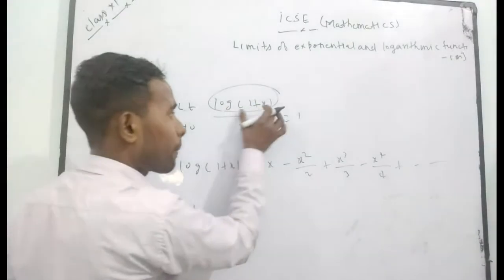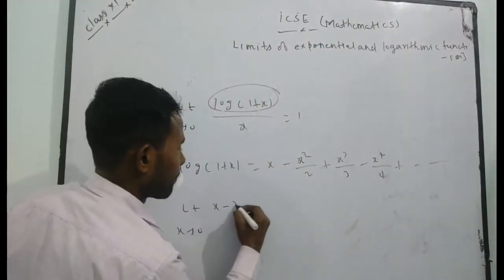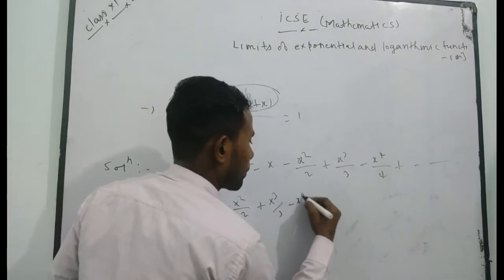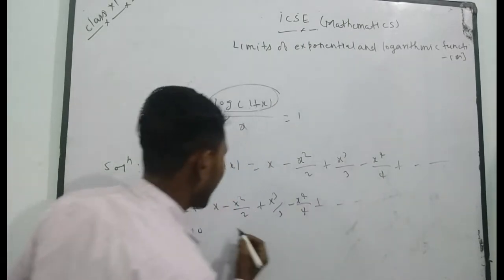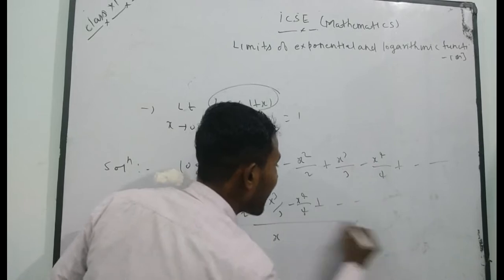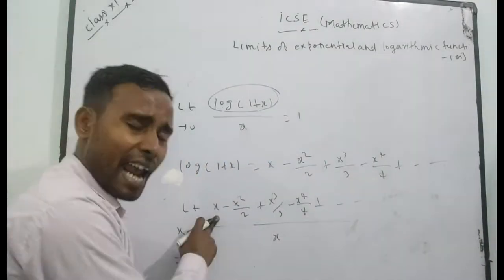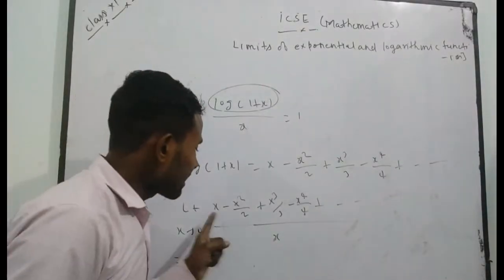Take log(1 plus x) is equal to x minus x square by 2 plus x cube by 3 minus x to the power 4 by 4 plus and so on, divided by x. If you take x common in the numerator, you can cancel x and x.